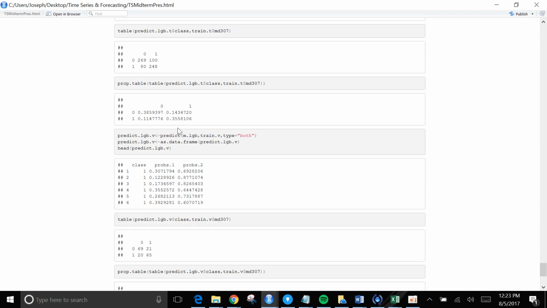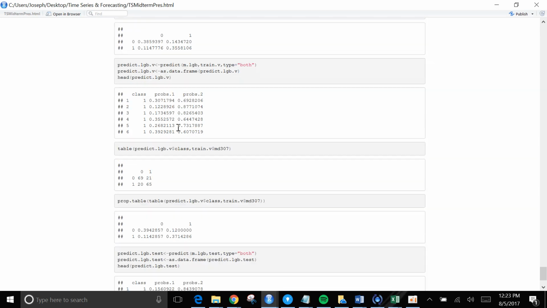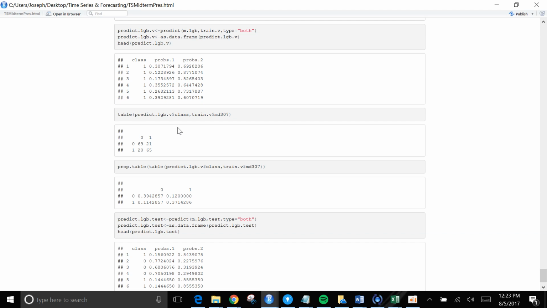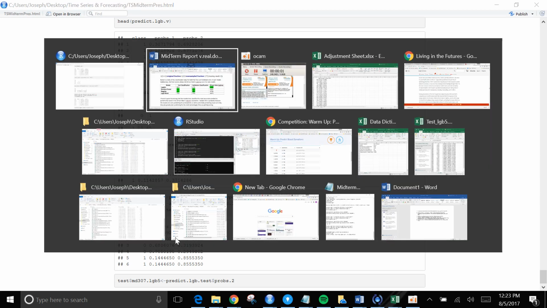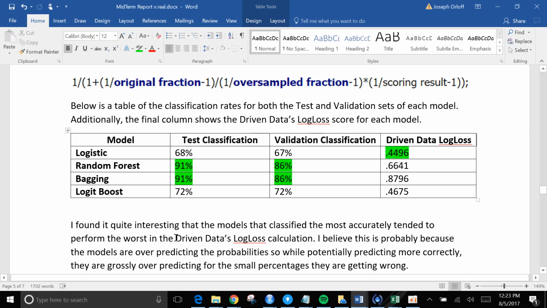So here we're at 73%, and then on the validation set we're at actually a little bit better, 76%. So it actually increased performance on the validation set. And then we're able to deploy that model with the probabilities into the log loss scoring model of the Driven Data, and we achieved a log loss score of 0.4675.